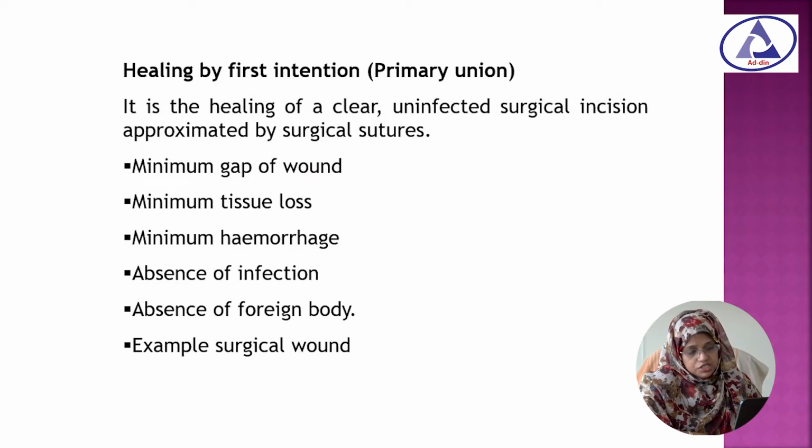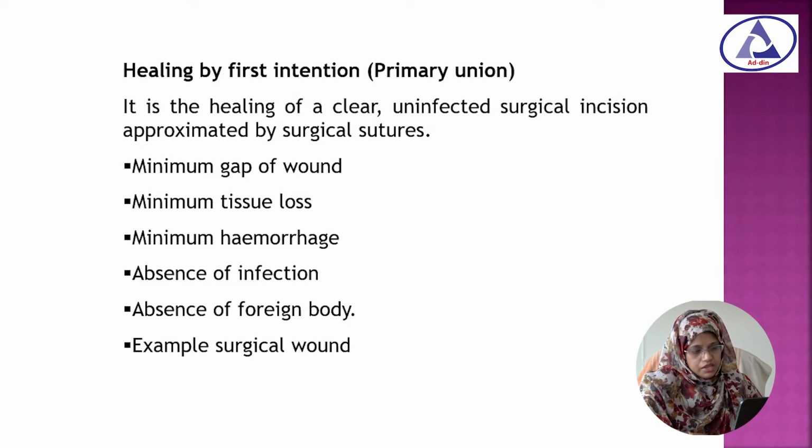Healing by first intention or primary intention is the healing of a clean uninfected surgical incision approximated by surgical sutures. What are the criteria of primary union, or healing by first intention?